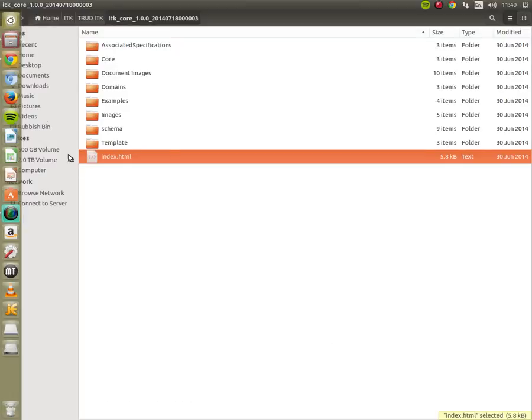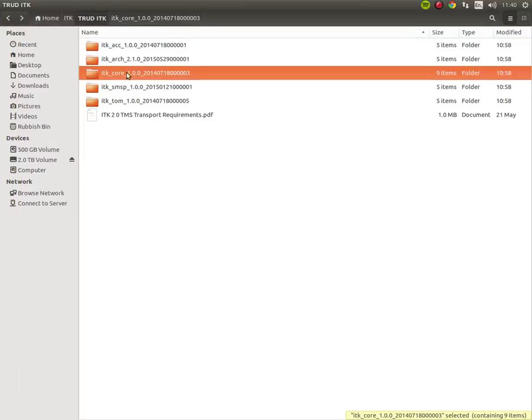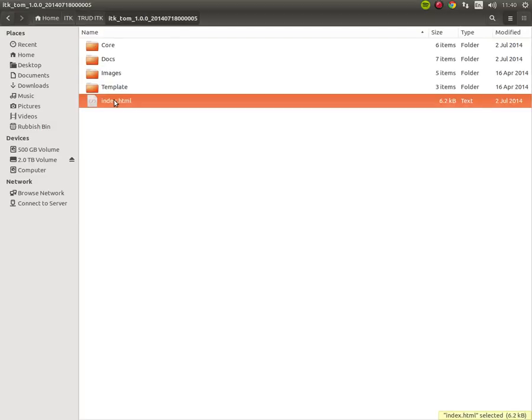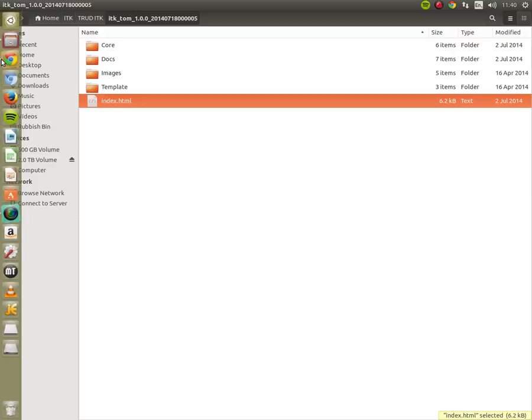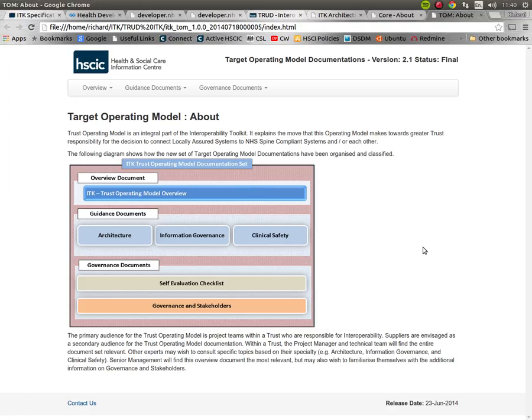If we go back, we've also got within here the trust operating model, which is effectively a set of guidance documents that are intended for implementers. So from a central perspective, there are certain aspects that aren't accredited. So the trust operating model covers the areas where potentially additional guidance may be required.